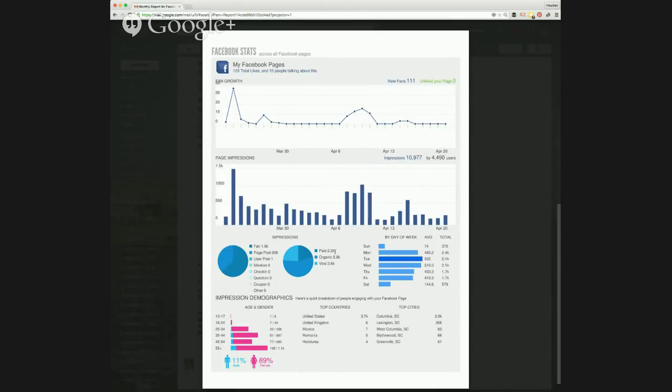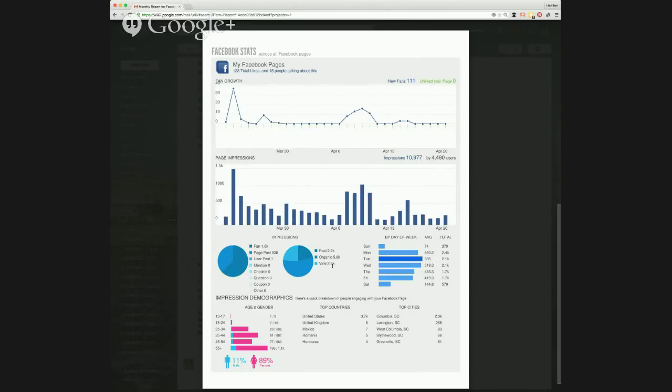Now, paid indicates that there were some paid Facebook ads done in this time frame, and that helped reach 2.2 thousand people. But you can also see that the organic reach is the biggest, which is great because that indicates that naturally, without paying, people are interacting with and seeing the posts that you are putting out on Facebook.